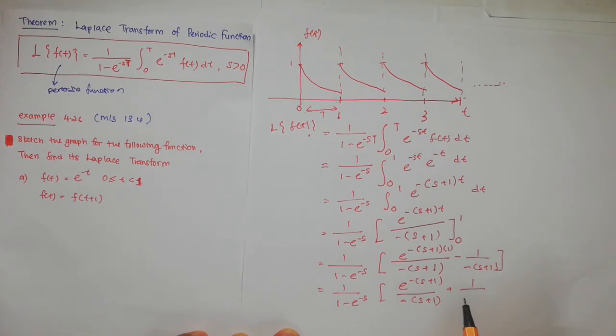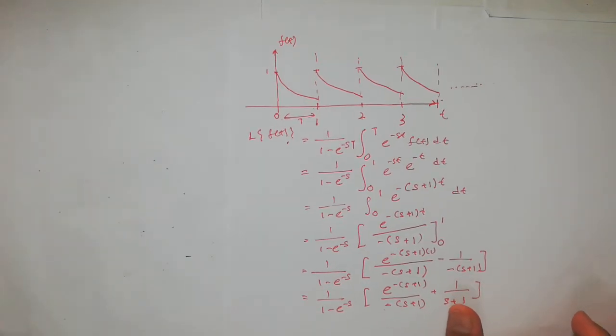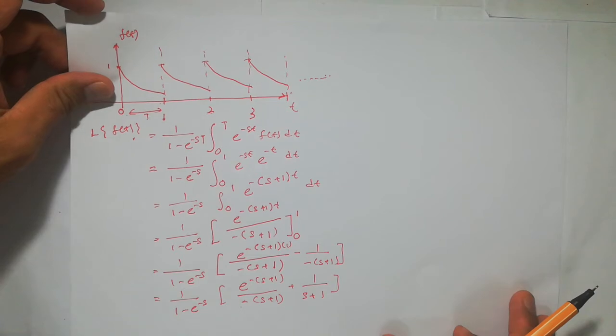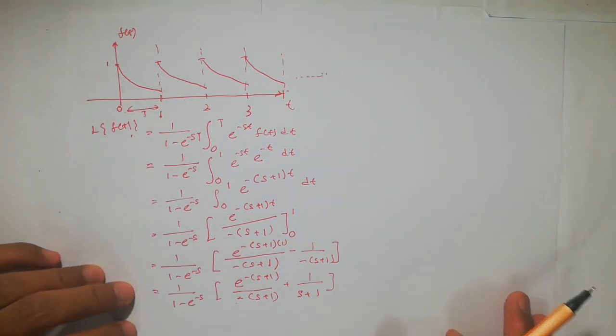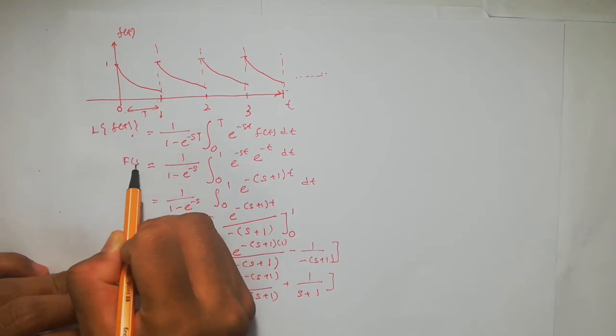You have positive 1 over (s plus 1), because the negative and negative you multiplied already, so we don't have a negative over here. So this actually is the Laplace transform for f(t), which is our F(s).